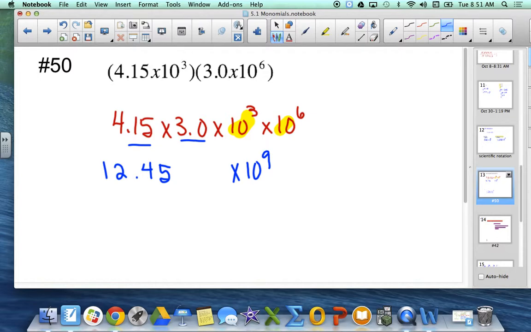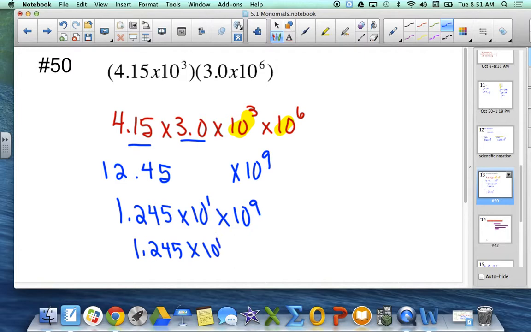No. So we'd have to rewrite this as 1.245 times 10 to the first power times 10 to the 9th power. So 1.245 times 10 to the 10th power would be the answer. Everybody okay with that? All right.